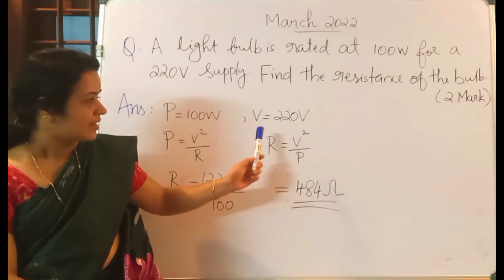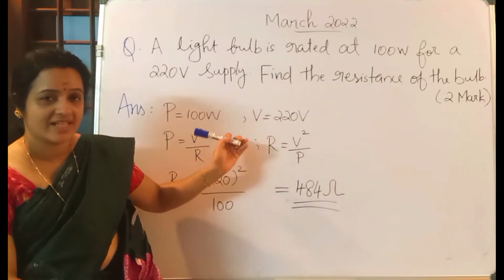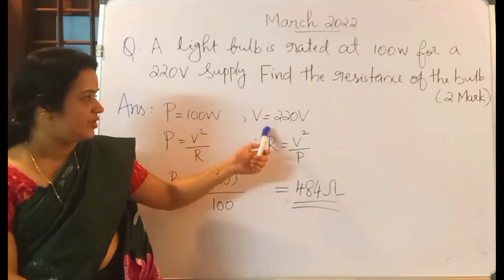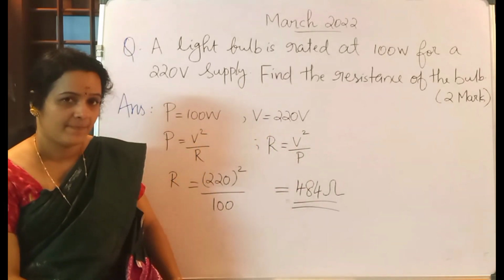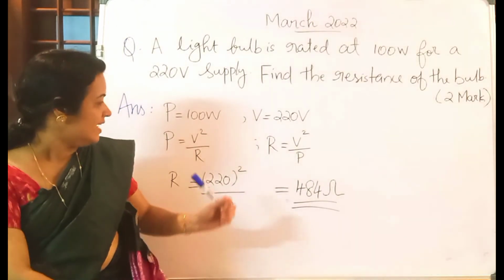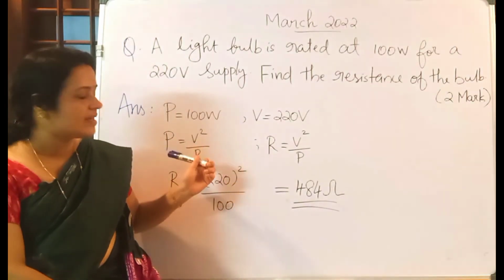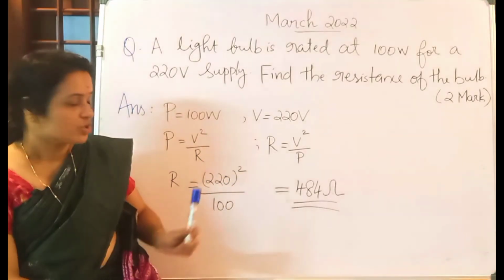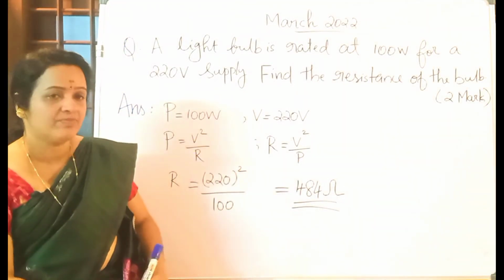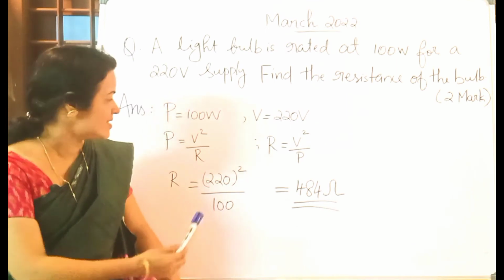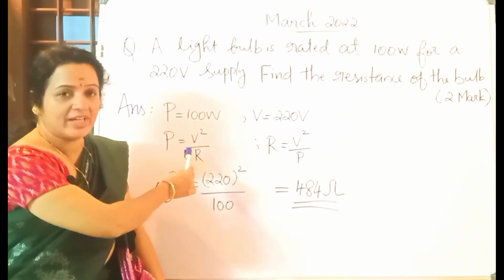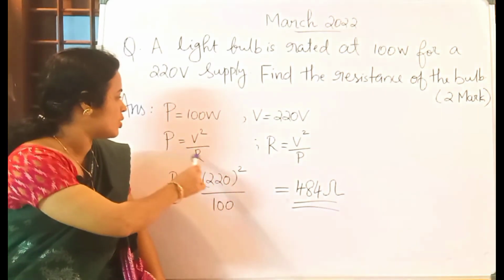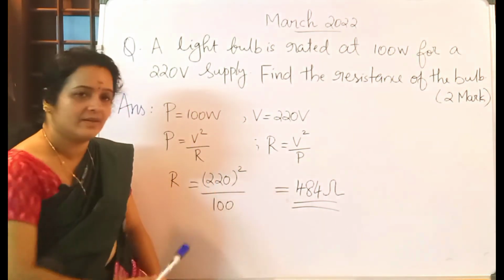So can we find any equation connecting these three, that is P, V and R? Yes, we have studied that the electric power P is equal to V square by R, isn't it? So can we find R from this? Yes, when we are cross multiplying, we will get P into R is equal to V square, isn't it?